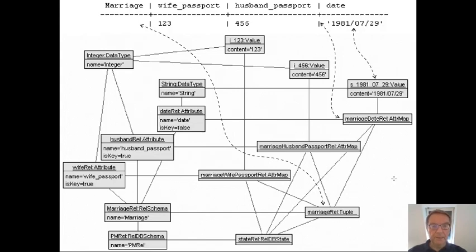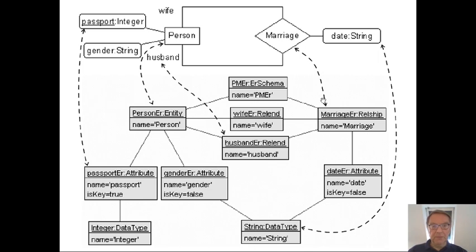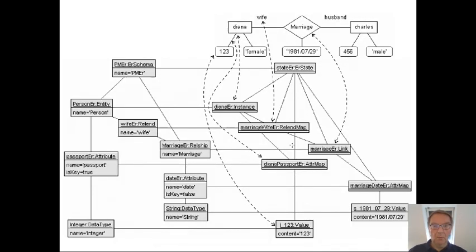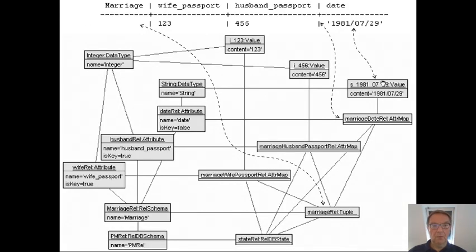What we have been doing up to now, we have been developing object diagrams. One object diagram for the ER schema, one object diagram for the ER state, one object diagram for the relational database schema, one object diagram for the relational database state.